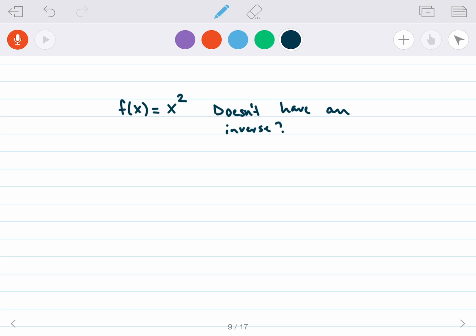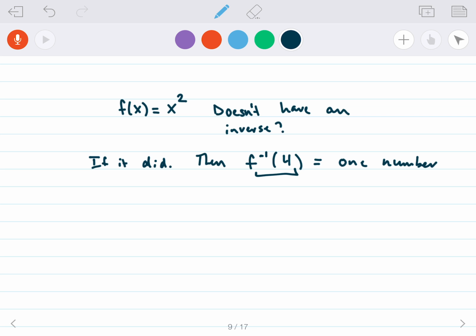And why is that? Let's say that it did. If I take the inverse function of something, let's say 4, then this would have to be one number, right? For inverse functions, you take in something and you should get something unique.